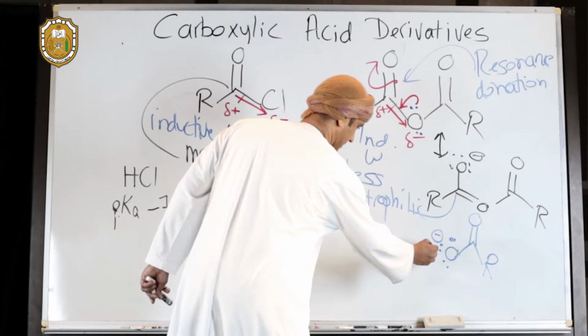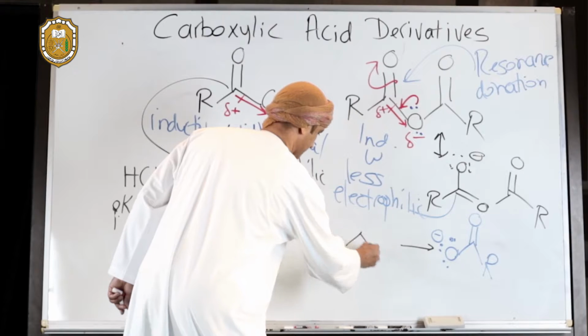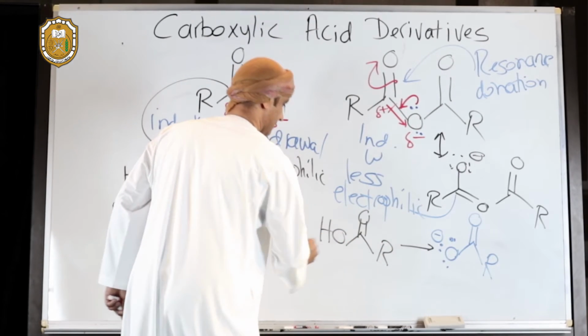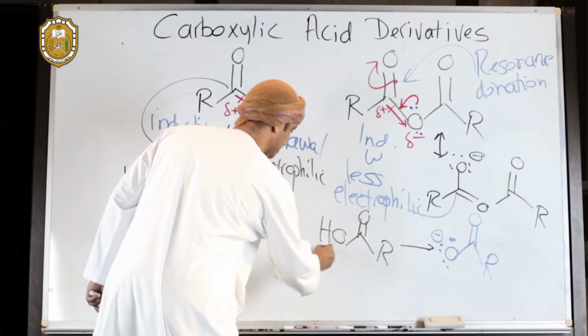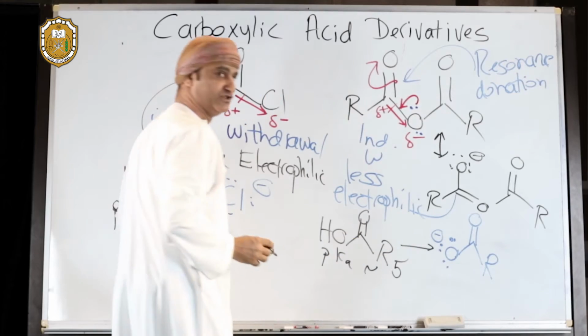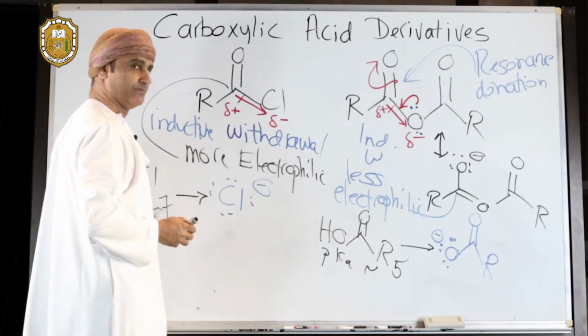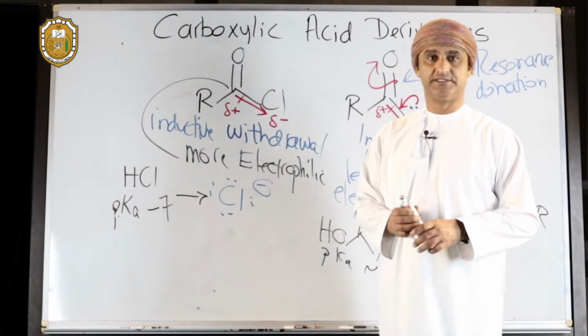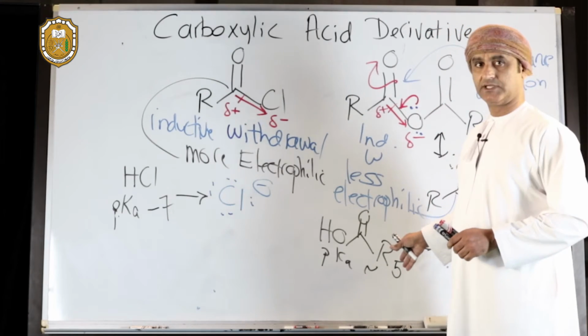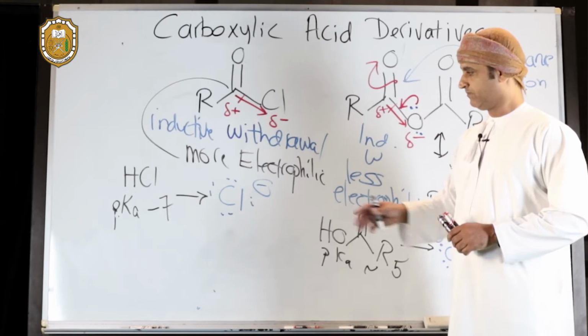The carboxylate comes from carboxylic acids. Carboxylic acids in general have a pKa of about 5. So clearly, HCl is by far the stronger acid relative to carboxylic acids.